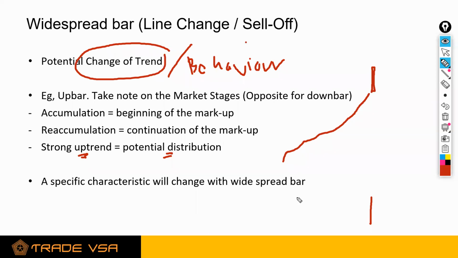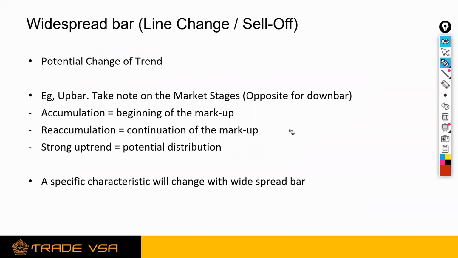Like Fong said also, beginning of stage 3, yes, smart money is growing, so they also need to do distribution. This is what it means. Remember that a widespread bar means a specific characteristic will change at the particular moment, doesn't matter up bar or down bar.